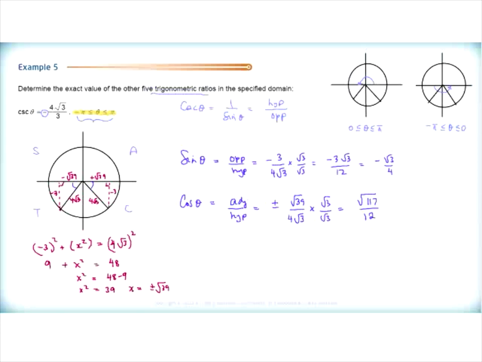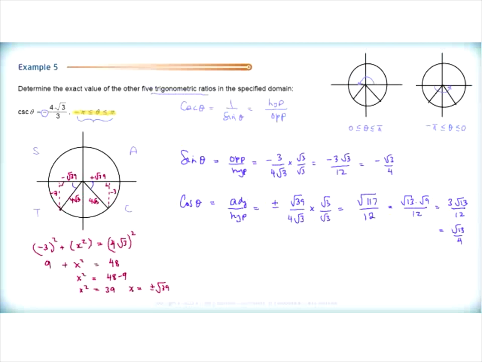The root of 117 divided by 12. Now, we need to break that down. The root of 117 is actually the root of 13 times the root of 9. Now the root of 9, of course, is 3, so I got 3 root 13 over 12, which will actually simplify to root 13 over 4.